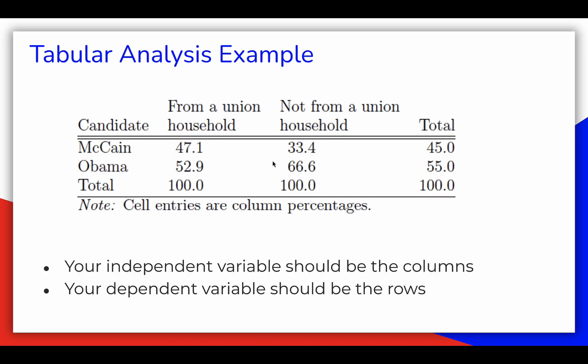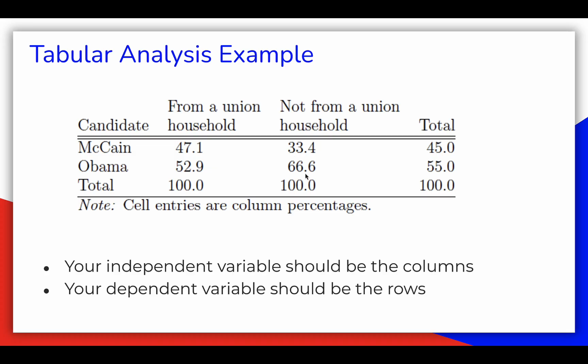The next step we would see is if there are any general patterns. So from a union household, they are tending to vote a little bit more for Obama, by about 5 percentage points compared to McCain in the 2008 election. Not from a union household, about 66% of people are voting for Obama and 33% are voting for McCain.